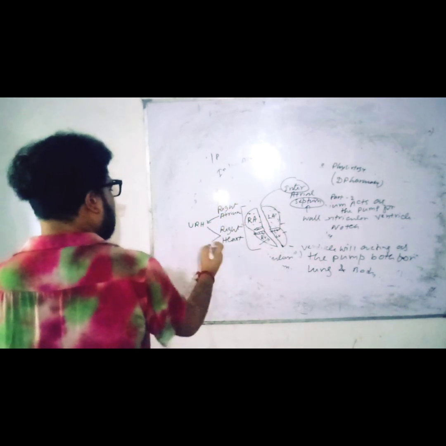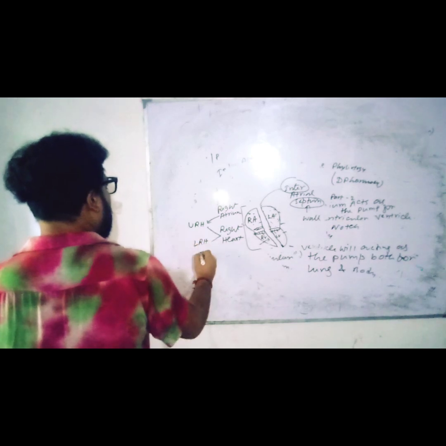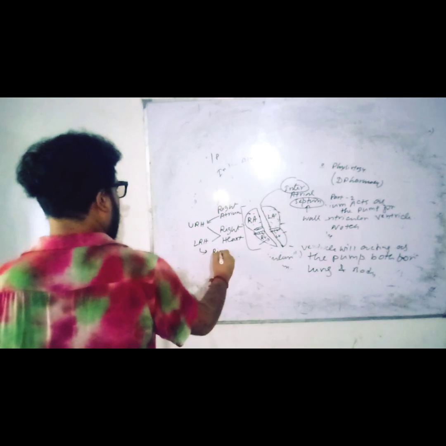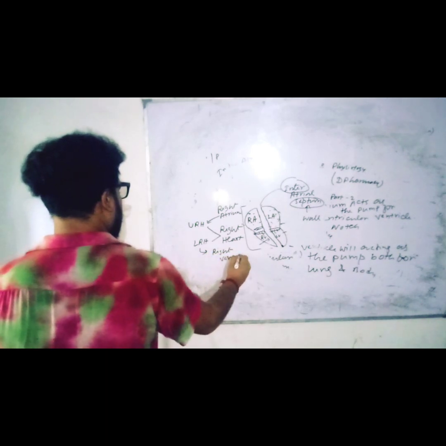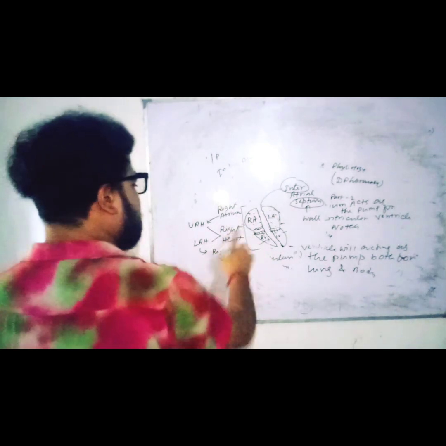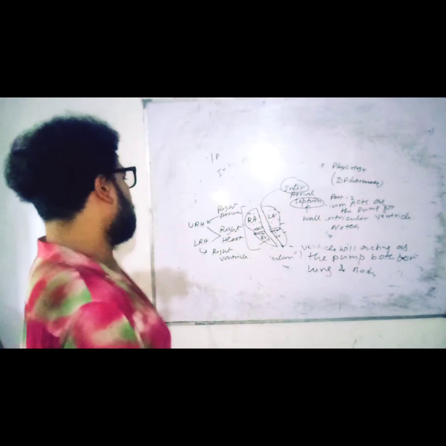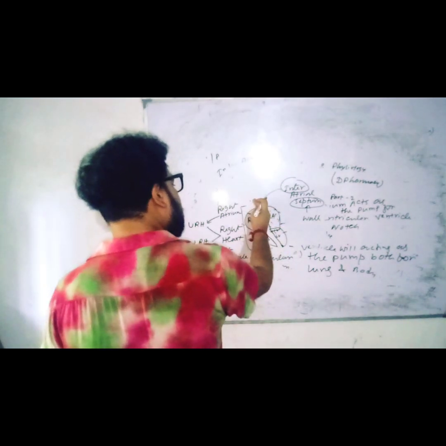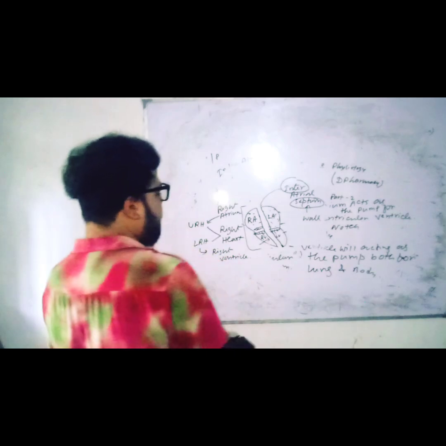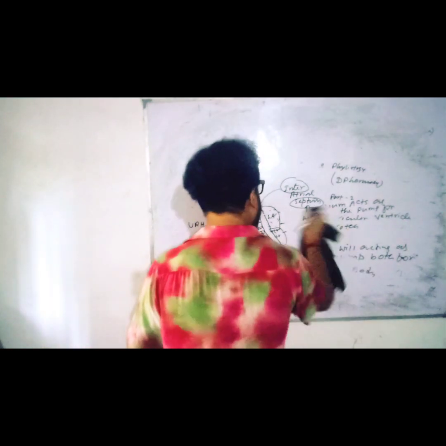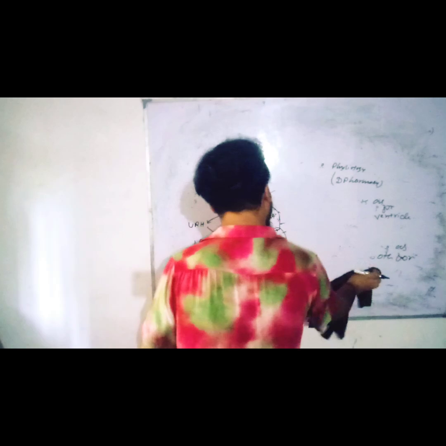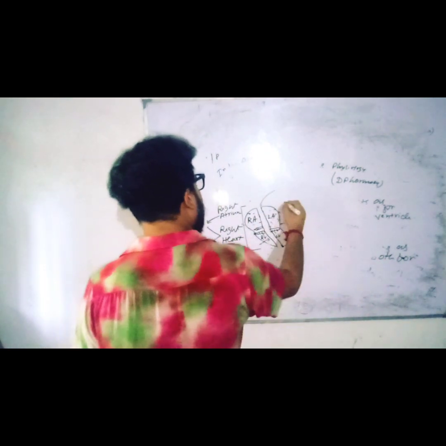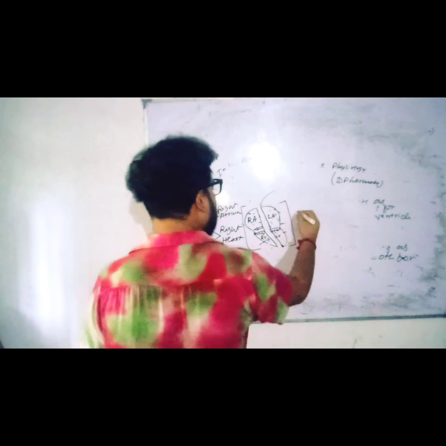This is the right atrium and this is the right ventricle. Similarly, on the left side, along this sagittal plane, the whole part of this heart on the left is called left heart.